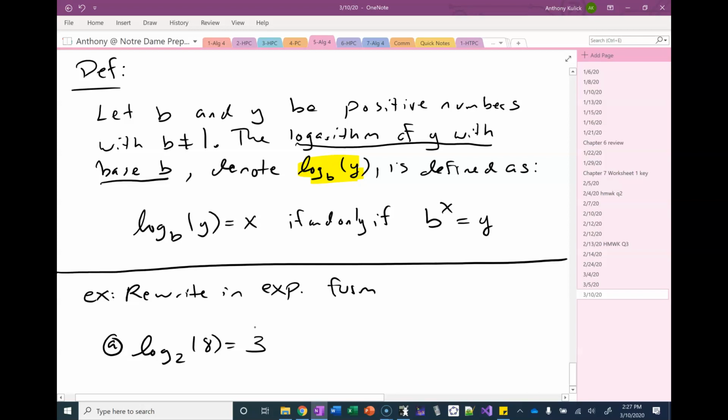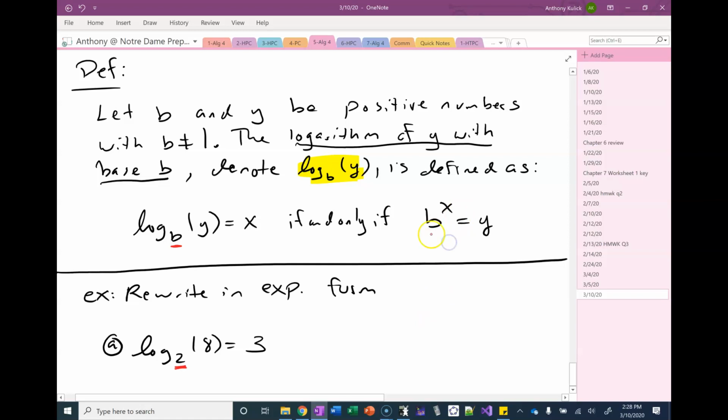So let's say we have log base 2 of 8 is equal to 3, and we're asked to rewrite this in the exponential form. So to do this, I'm going to use my definition of a logarithm. I notice that the b in my logarithmic equation is 2.